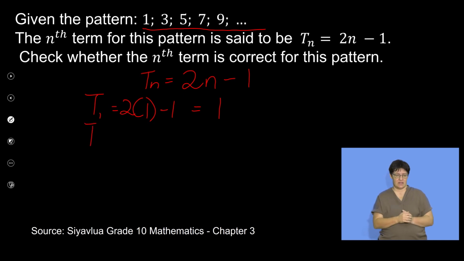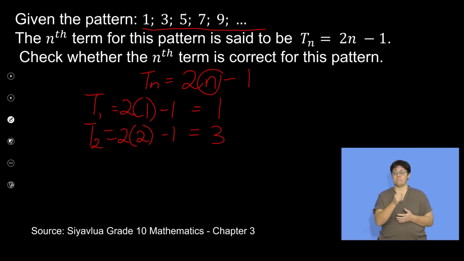Then if I'm looking at term 2, I'm substituting in 2 for n. So I'm going to have 2 times 2 minus 1, which will give me 3. Then if I'm checking the third term, I'm going to have 2 times 3 minus 1, which gives me 5.